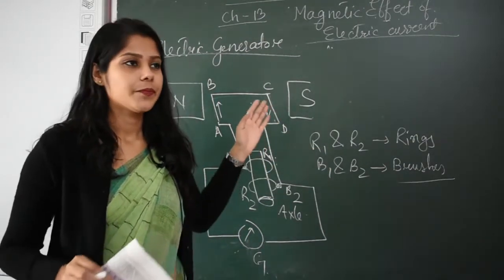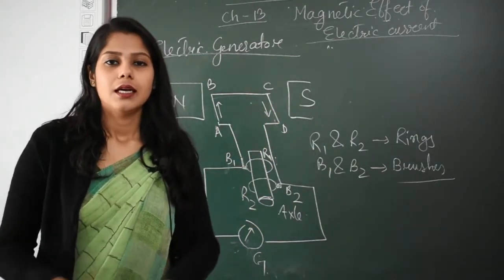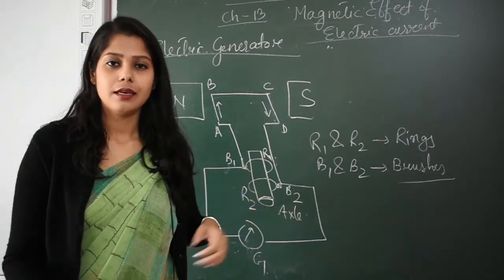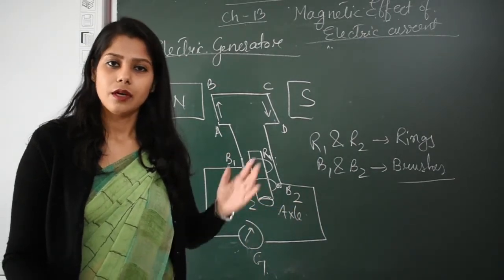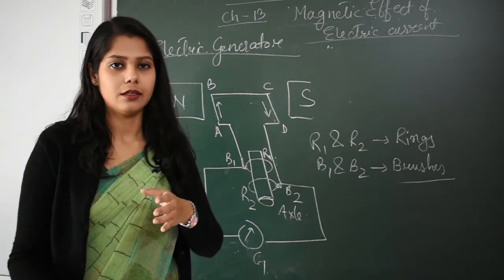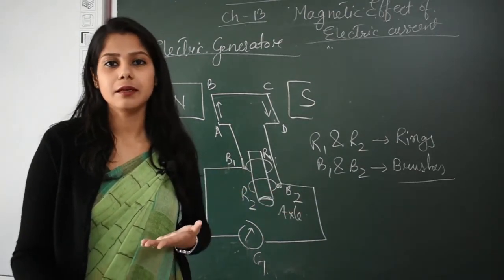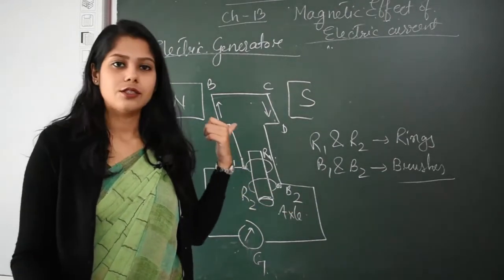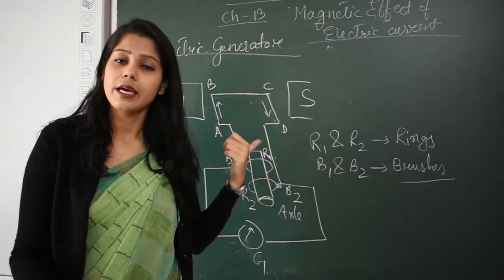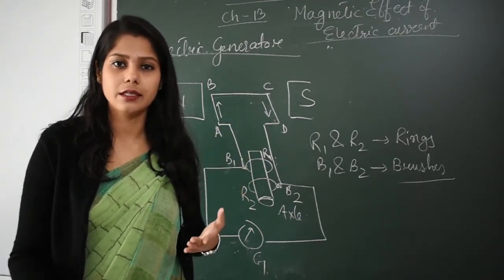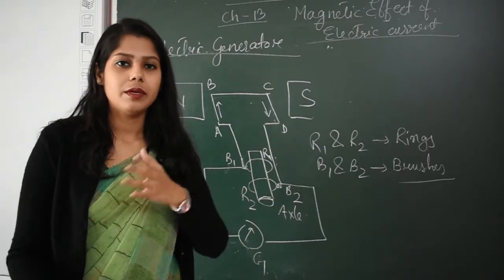So the first thing, in a generator, as I already said, mechanical energy is converted to electrical energy. Now how will we get the mechanical energy? Everyone has seen generators used in big functions.